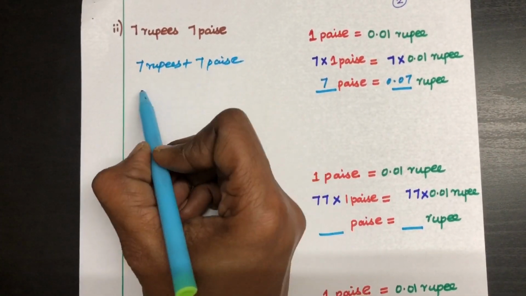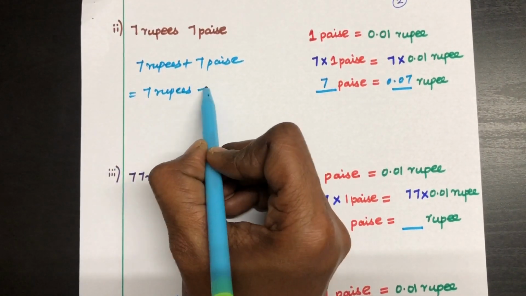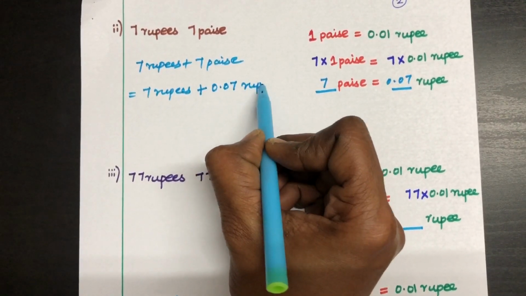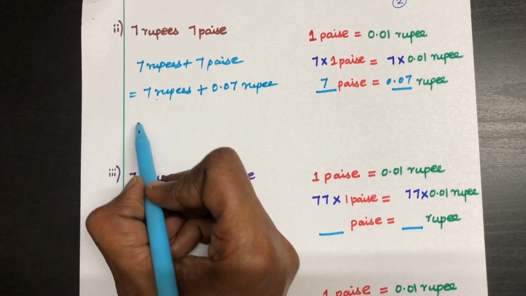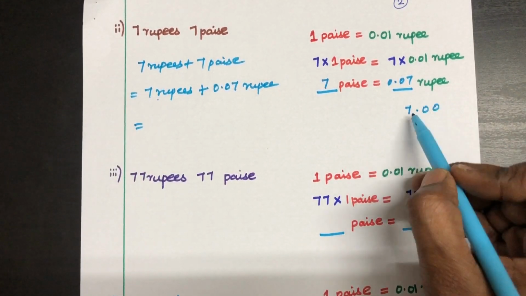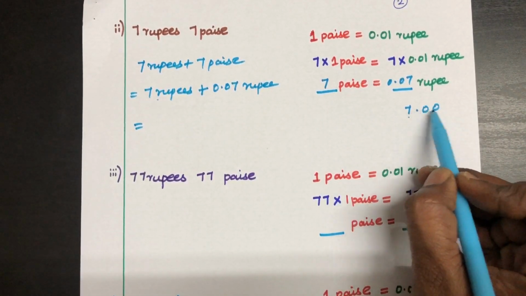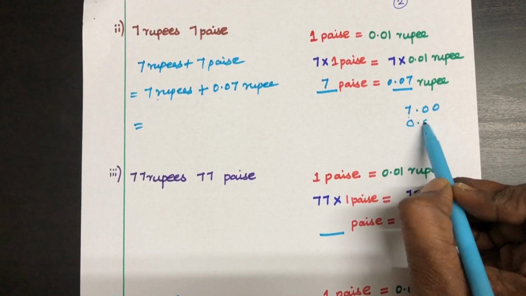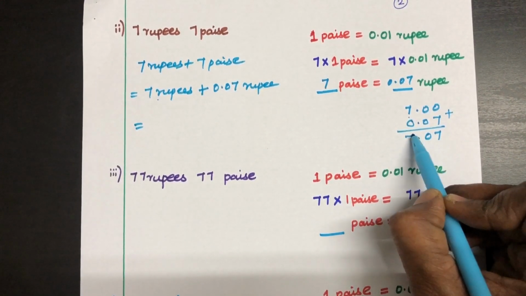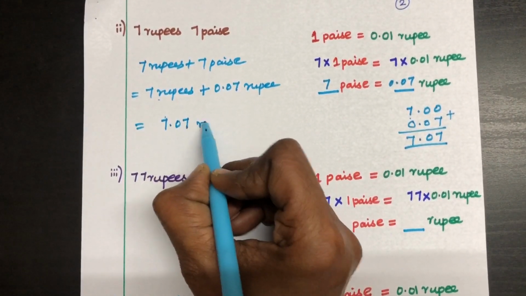Now we have converted this 7 paise into rupee: 0.07 rupee. If we add these two, how to add? 7 is a whole number only, right? 7 only, no decimal part, so 7.00. This is 0.07. If we add these two, 7.07. So 7.07 rupee.